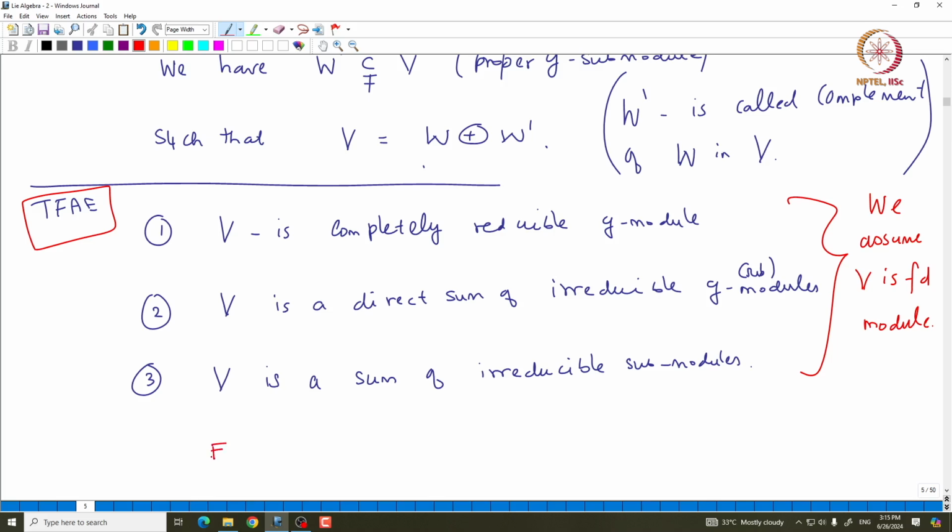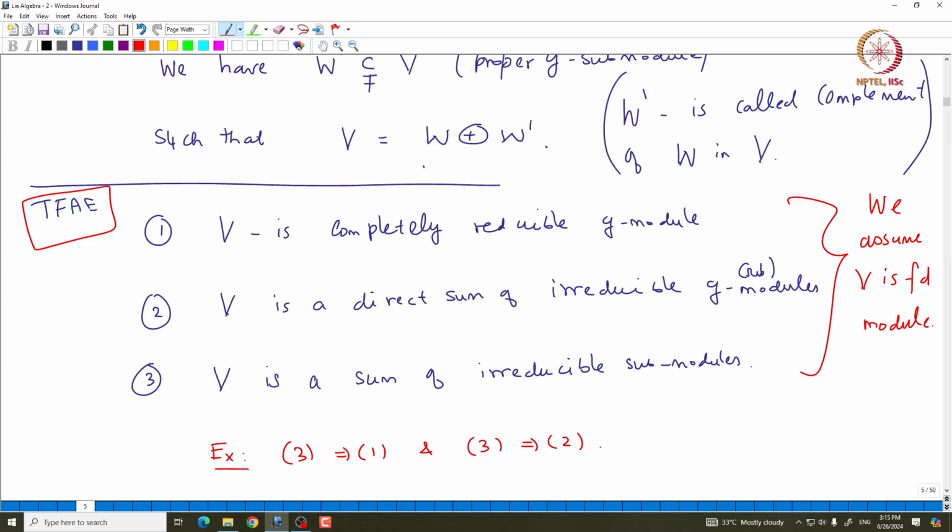Exercise: maybe try to prove that 3 implies 1 and 3 implies 2, because 2 implies 3 is obvious, and if you prove 3 implies 1, that way also one can get 3 implies 2, but anyway one can try to prove 3 implies 2 straight away. So, we are going to prove only 1 if and only if 2.